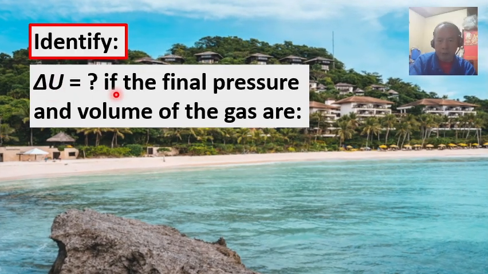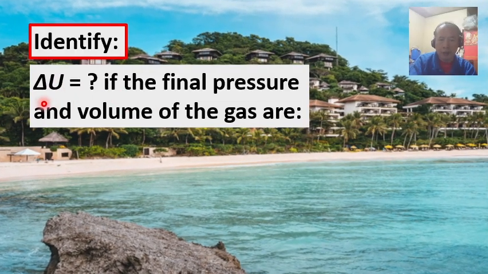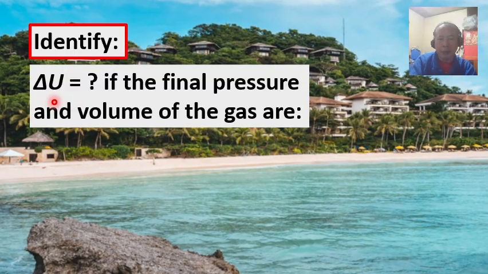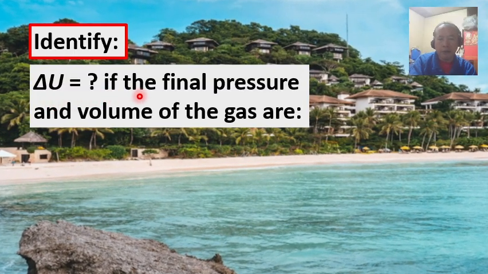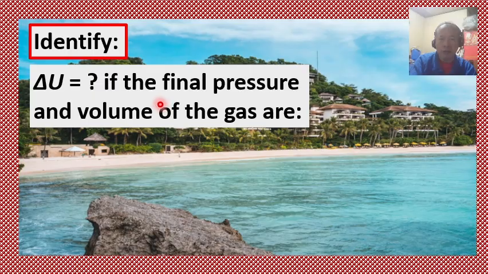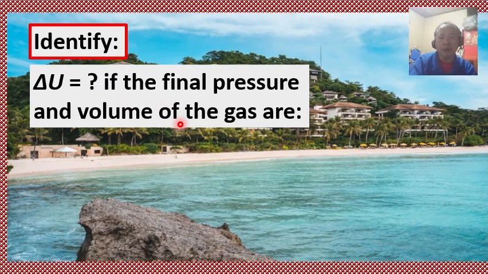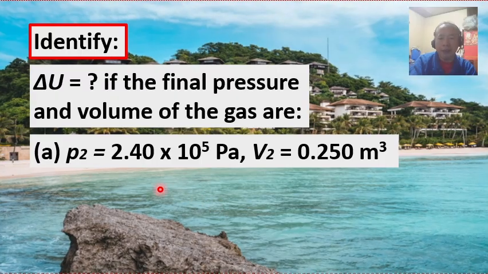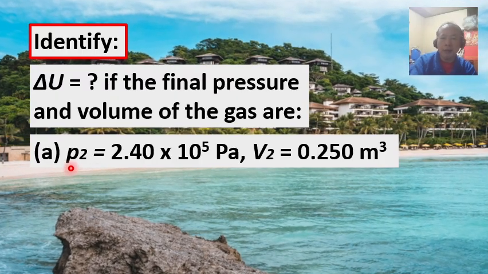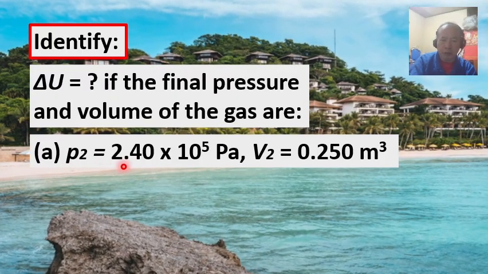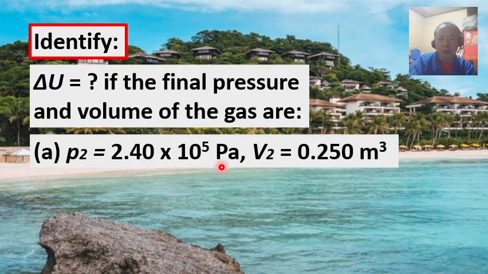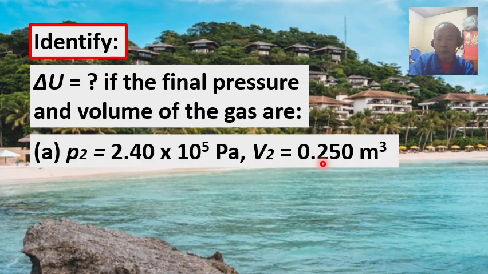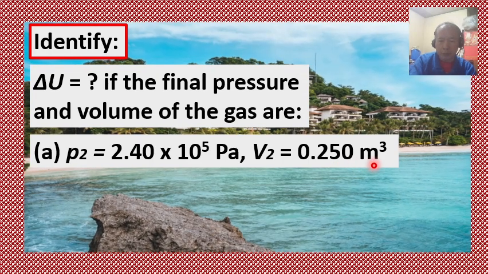The target variable in this problem is the change in the internal energy, denoted by delta capital U. Given the following conditions, if the final pressure and the volume of the gas are, in part A, the pressure P2 equals 2.40 times 10 to the fifth power Pascal, while the final volume is equal to 0.250 cubic meters.